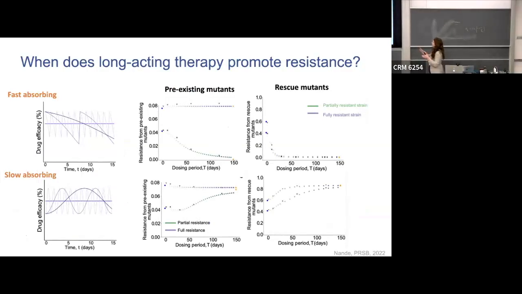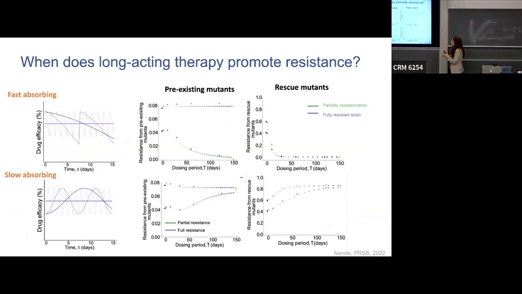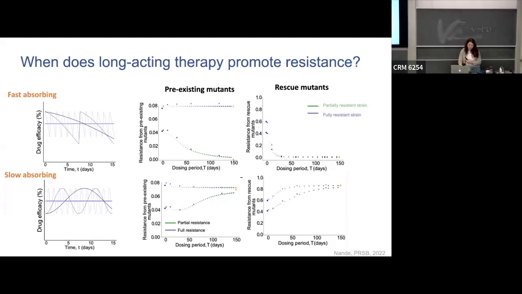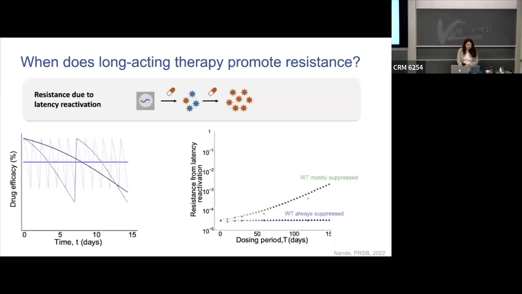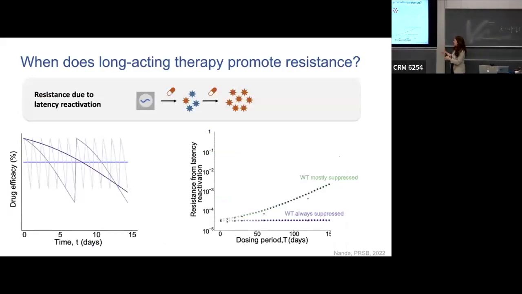A lot of this depends on what can happen early on in the treatment when there's still a lot of virus around from the wild type. And she also looked at what happens if latent virus reactivates when someone is on therapy after many, many weeks and resistance arises that way. She also found in that case, long-acting therapies made resistance more likely.